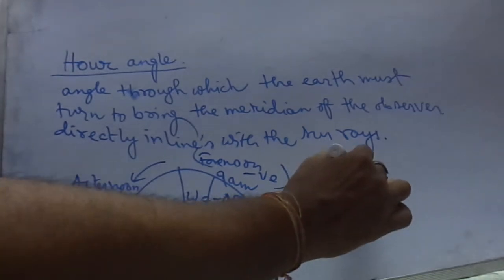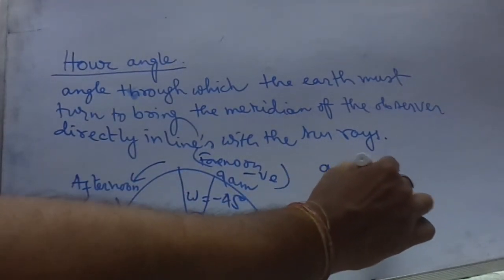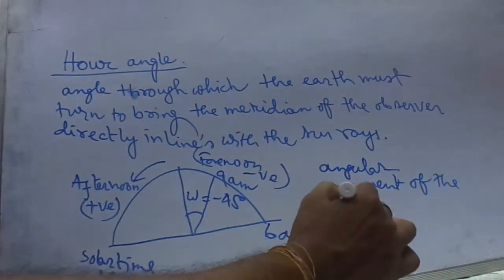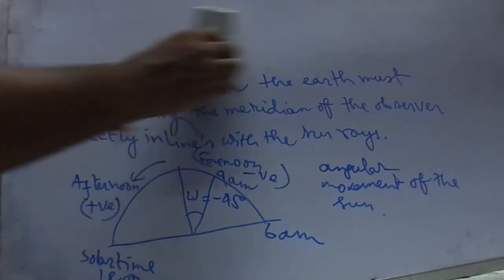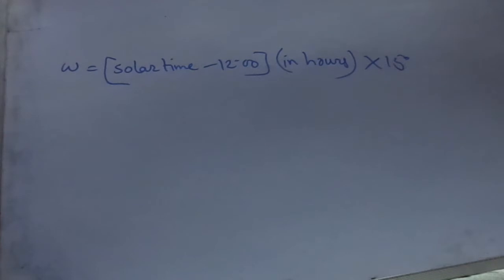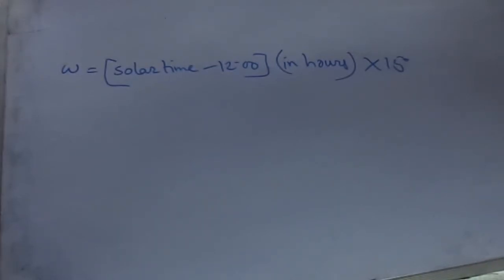Omega can be calculated: omega is equal to (solar time minus 12 in hours) into 15 degree. Inclination angle means altitude.